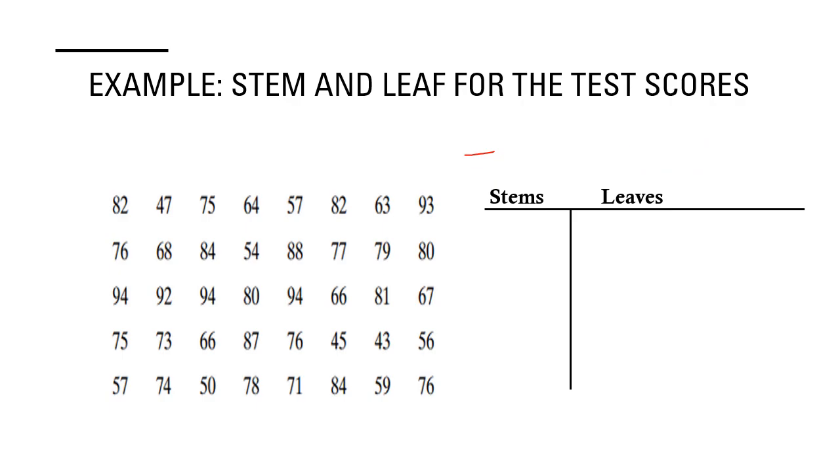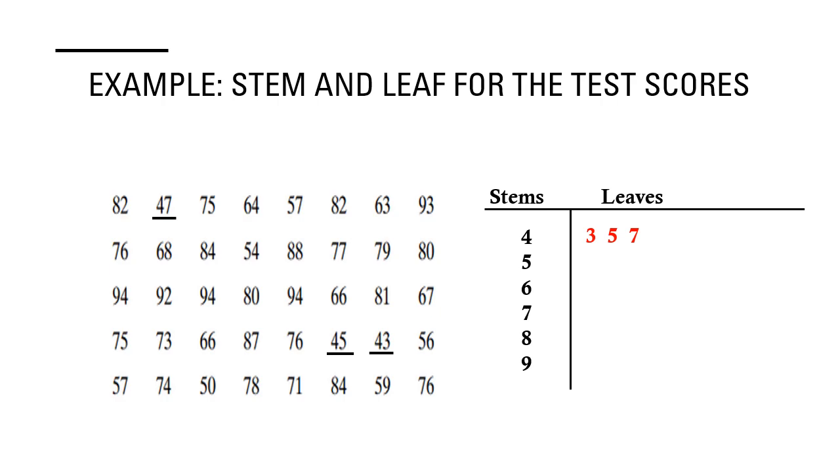So the stem is the leading digit and then the leaves are the rest of the digits. So here, these are the leading digits we have. Now for 4, we have 43, 45, 47. So we're going to write 357.